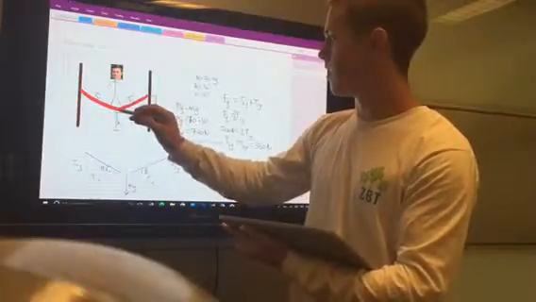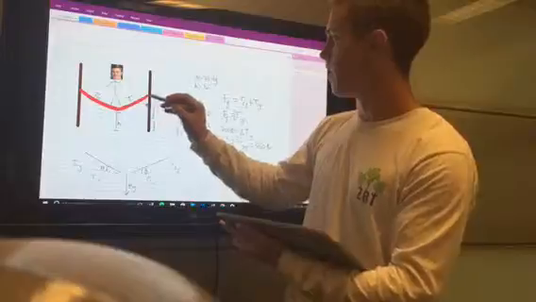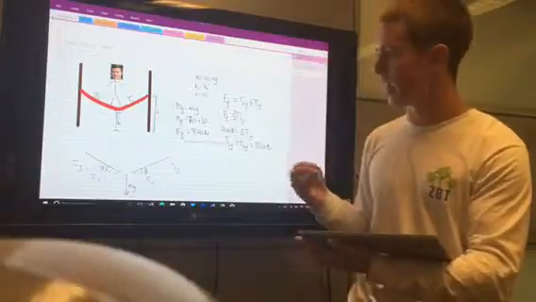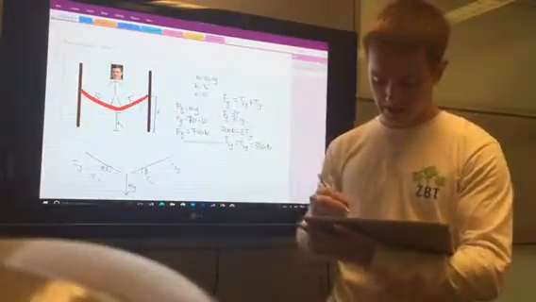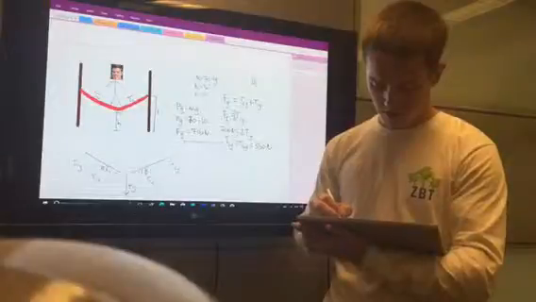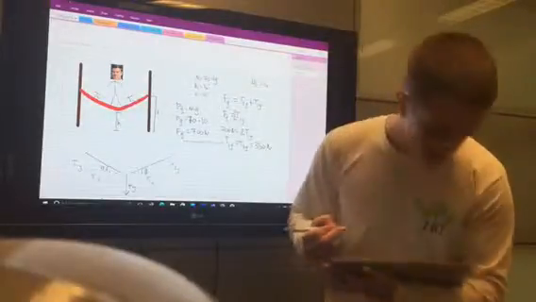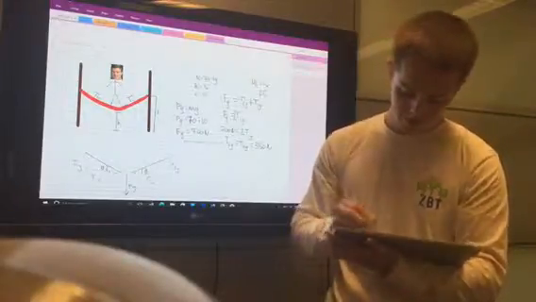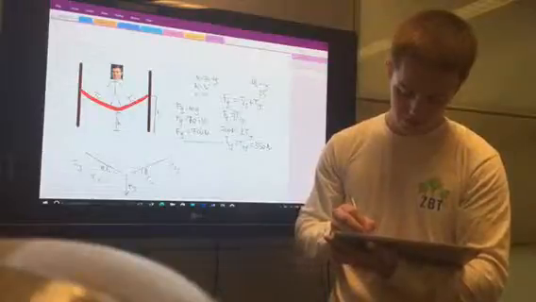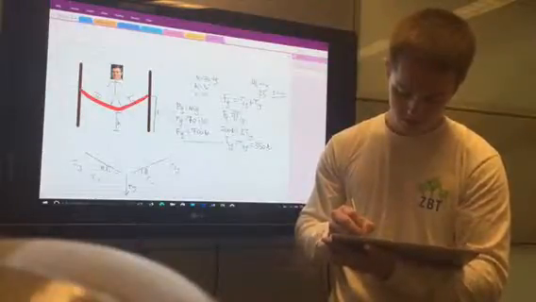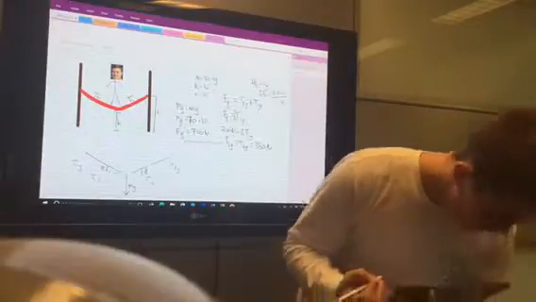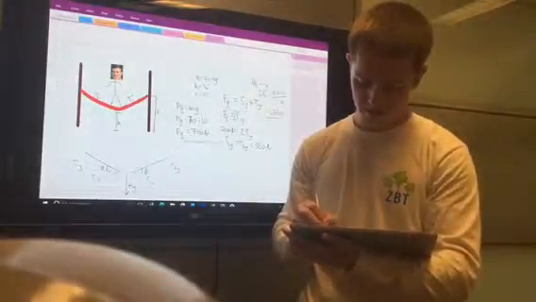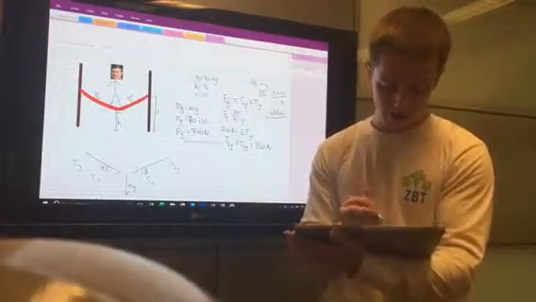In order to find the height from where the slack line attaches to the tree to the bottom point of the slack line where Paul's standing, we go 41 inches minus 16 inches. That comes out to be 25 inches, which in centimeters is 63.5 centimeters, or 0.635 meters. So that is this height right here.